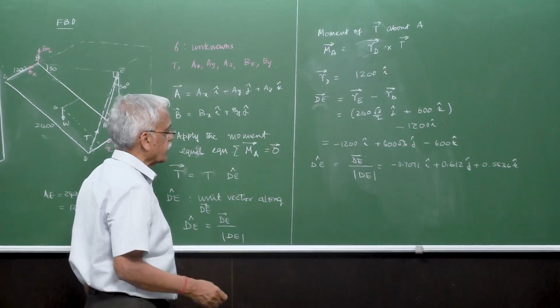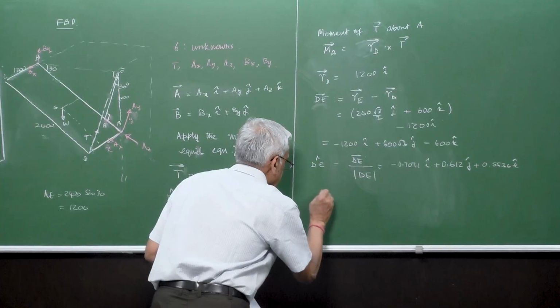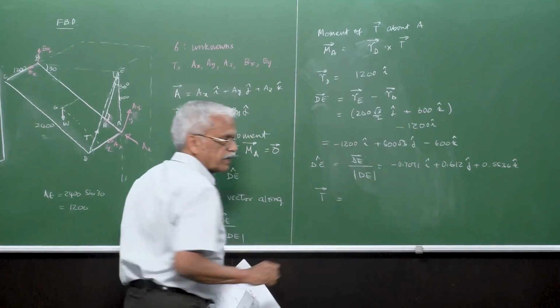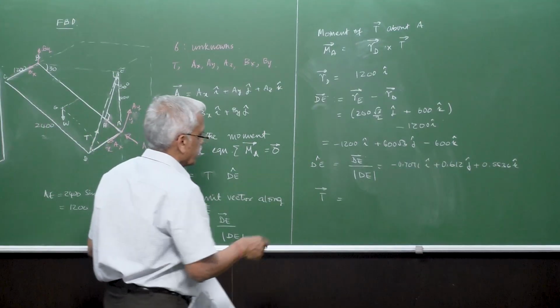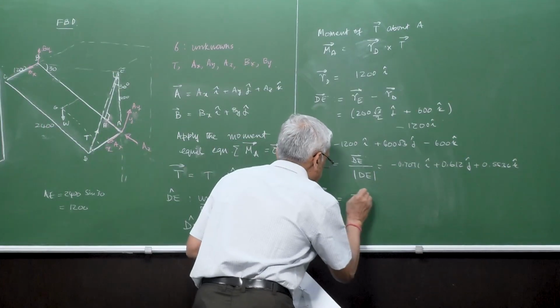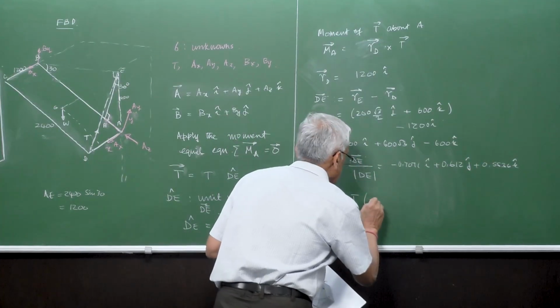This is the unit vector along DE, and finally the force in the rope can be written as T times this, where T is the magnitude and this is the direction.